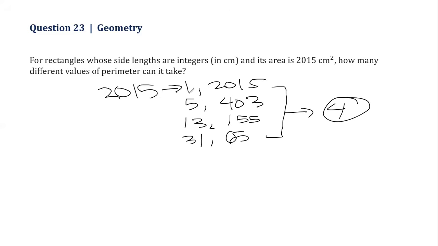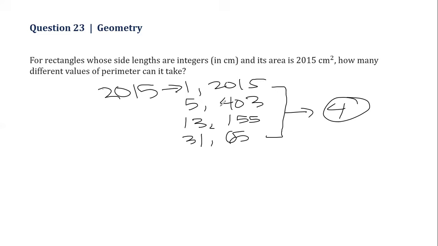So it could be 1 and 2015, could be 5 and 403, could be this, and it could be this. So this will give us 4 different perimeters. How can I imagine that there are 4 different values? Will I divide it by 5, by 13, maybe?